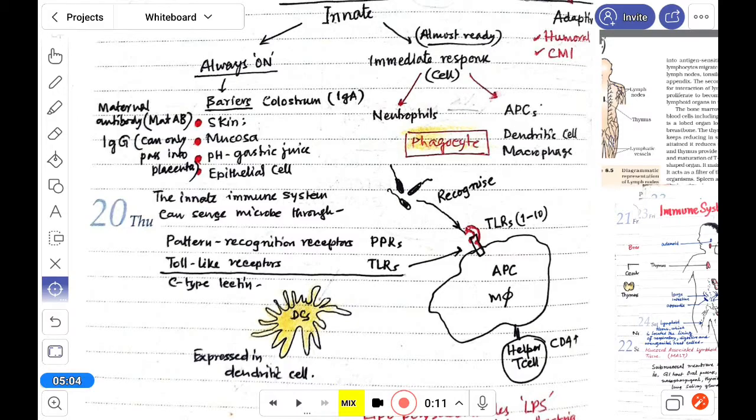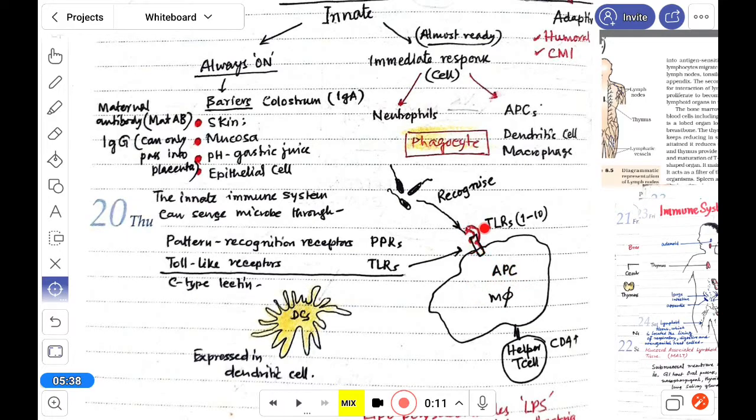It means that a certain barrier is there, as we have already seen in skin and in epithelial cells. Another is almost ready, a very immediate response by the neutrophil and the antigen presenting cells, dendritic cell and macrophage.